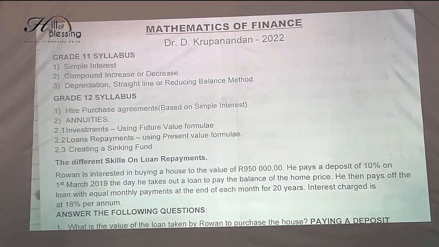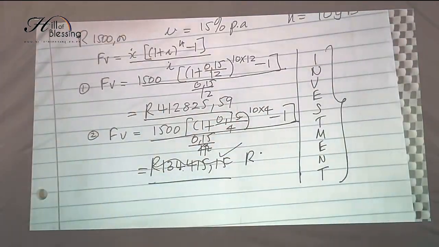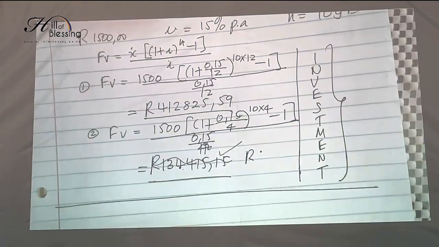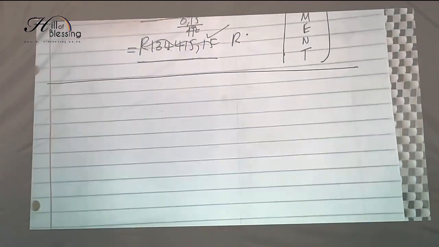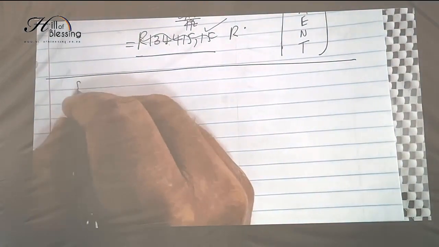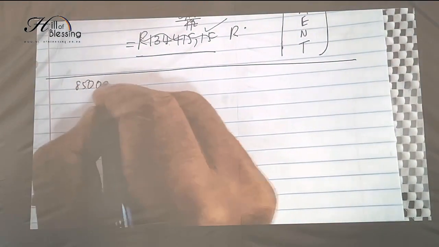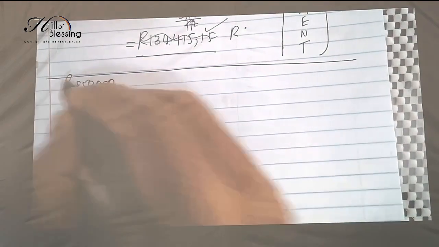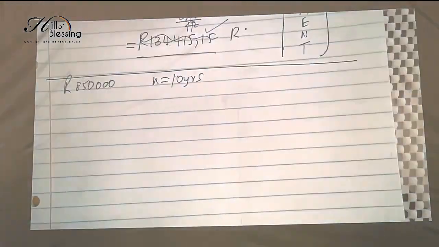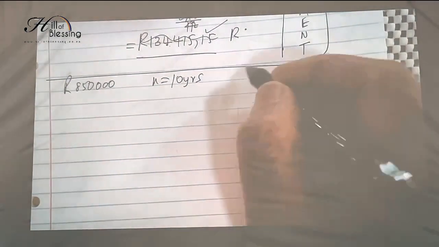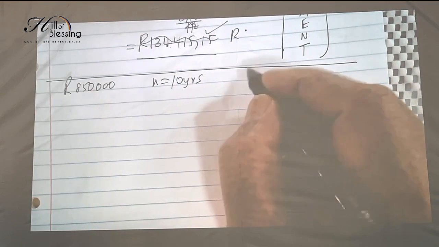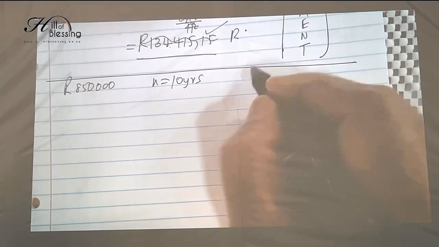Okay, so let's assume I want to give you a question now. Let's assume that I want to get, let's say, 850,000. I want that in 10 years' time, and let's say the interest is monthly, right?